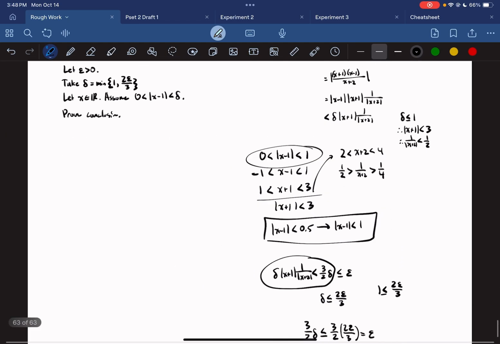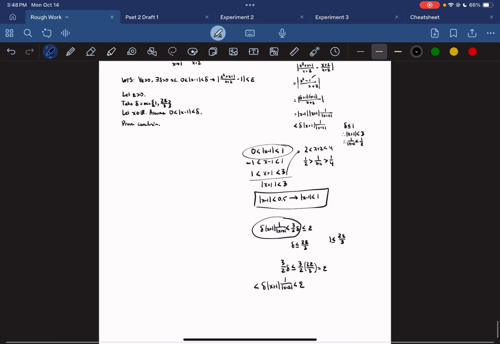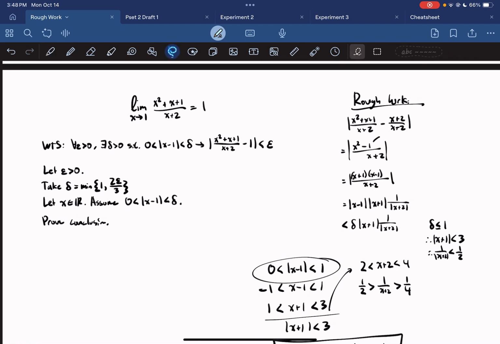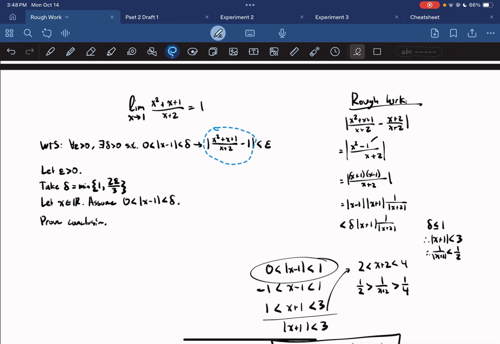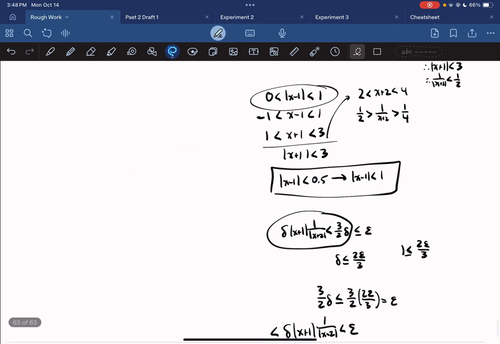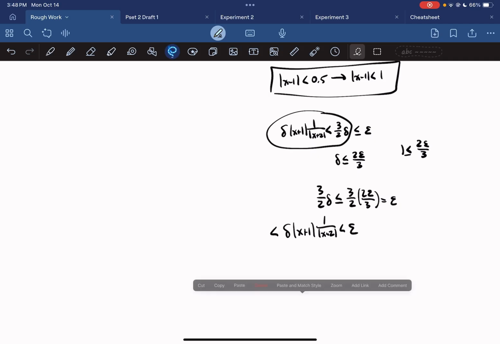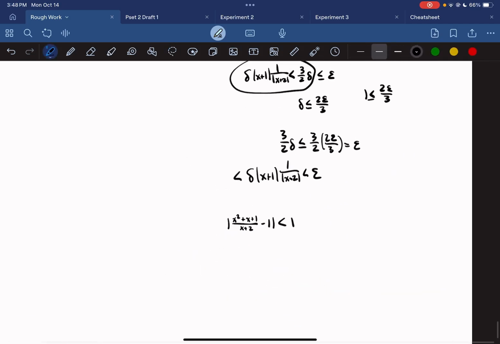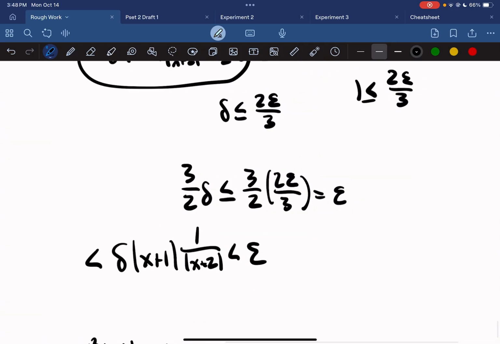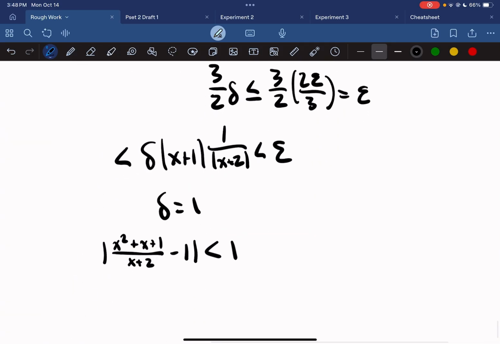Would you also agree that if this is true, that means our conclusion, I'll just copy and paste this to make it very clear, is all less than 1, because we know that delta is equal to 1.